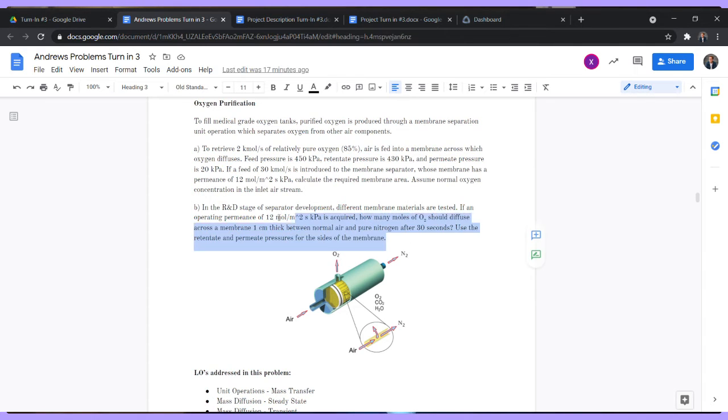And then in the second part, we look at a transient, smaller scale membrane flux.